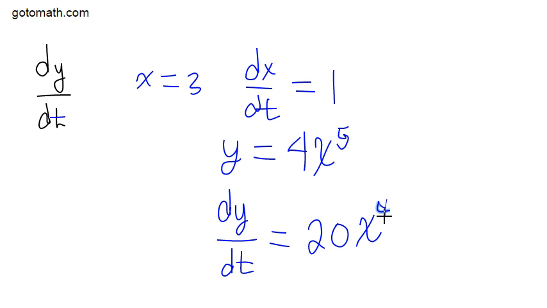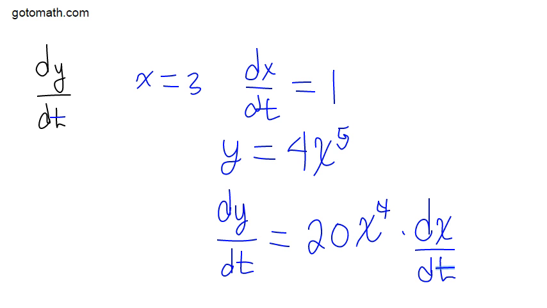We subtract 1 from the exponent, and then we write dx over dt. And we wanted to find dy over dt, so there's dy over dt is equal to this right here.